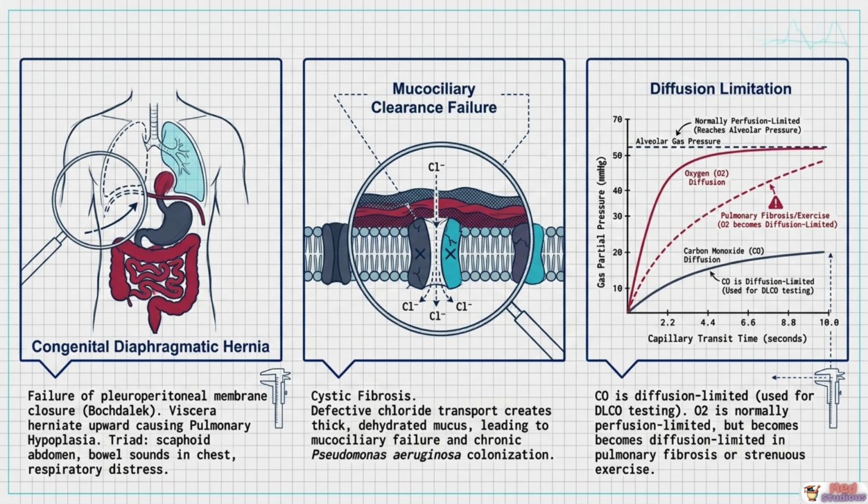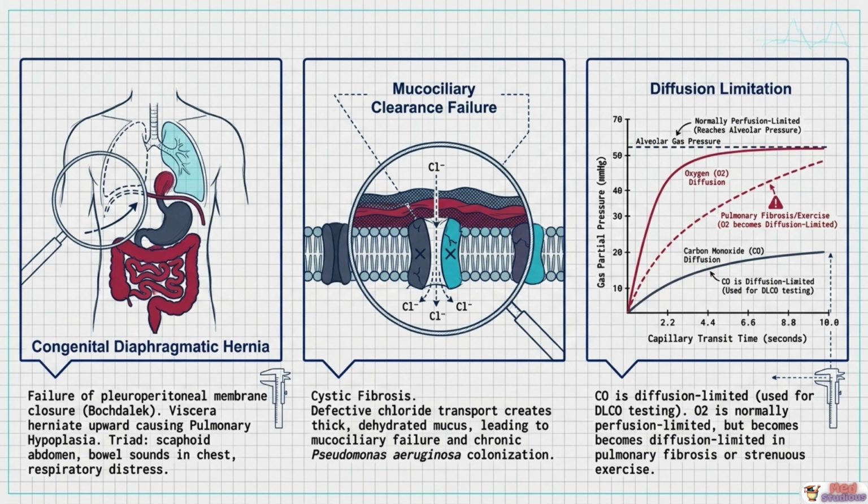This produces the classic neonatal triad: a scaphoid abdomen, bowel sounds audible within the chest, and significant respiratory distress. Cystic fibrosis results from defective chloride transport at the cellular level, creating thick, dehydrated mucus that leads to mucociliary clearance failure and chronic colonization by Pseudomonas aeruginosa, predisposing to bronchiectasis.